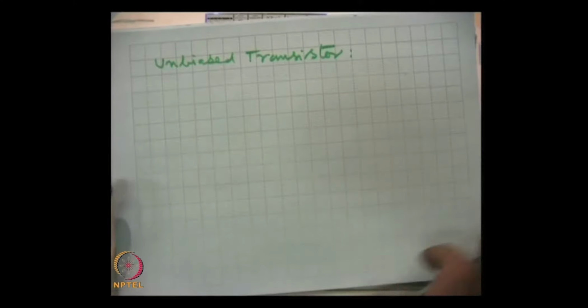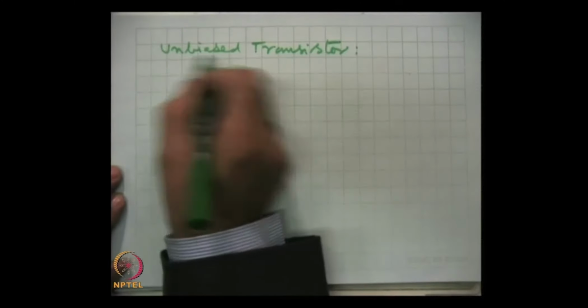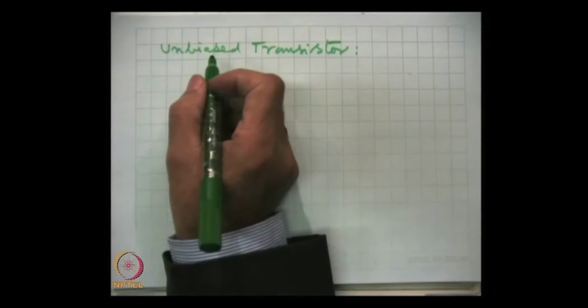Unbiased transistor means that there is no external voltage applied to the device yet. So, let us see what happens.